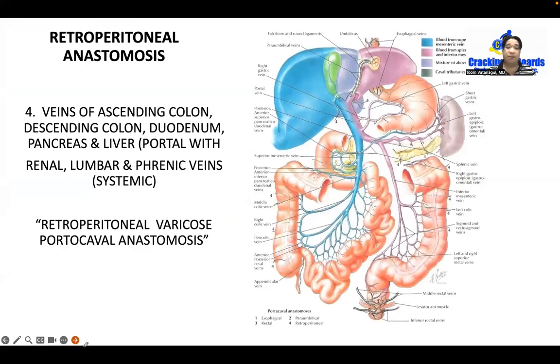Now, lastly, I mentioned earlier that there are 4 anastomoses, not 3, but 4. This is what we call the retroperitoneal anastomoses. Okay, retroperitoneal anastomoses.